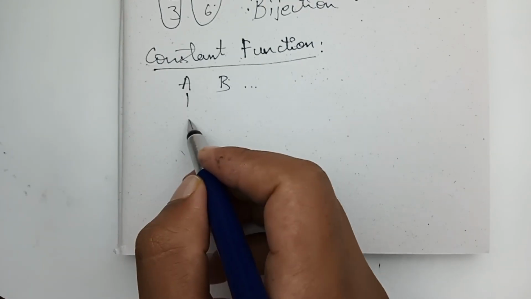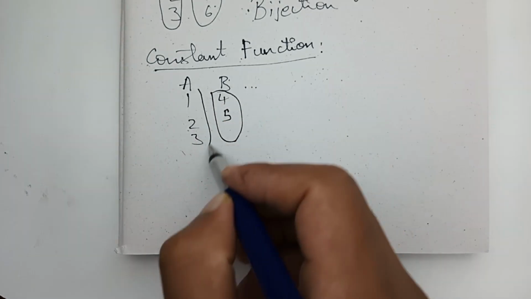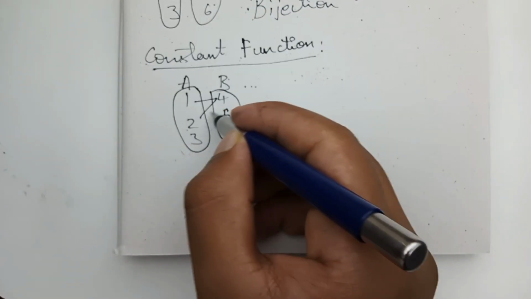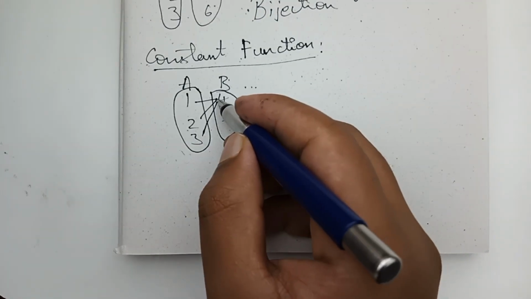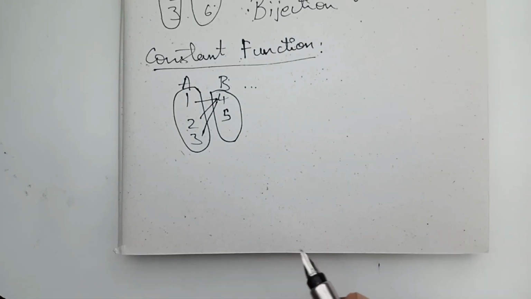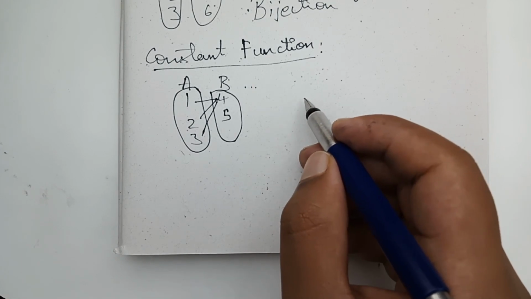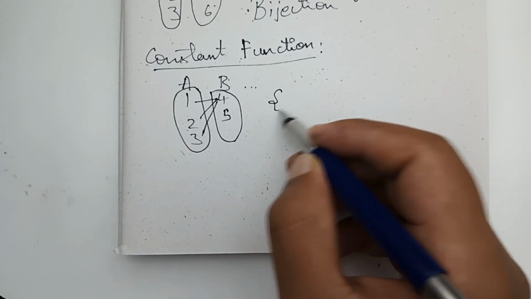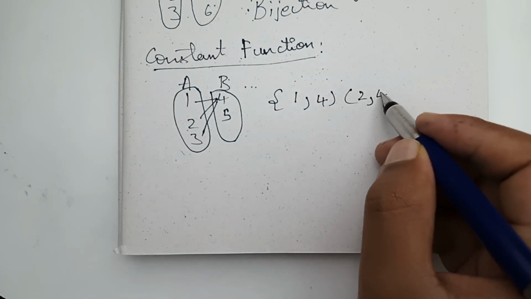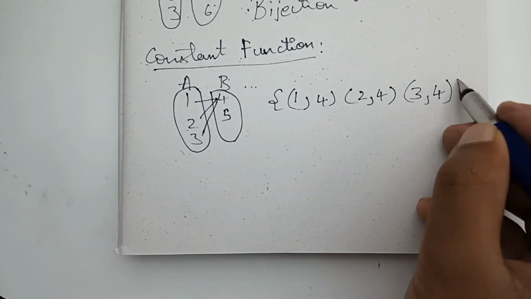A, B, 1 2 3 4 5. If there are two codomain elements but only one codomain element is used for the three domain elements as an image, then it is called a constant function, and the answer will be 1 comma 4, 2 comma 4 and 3 comma 4.